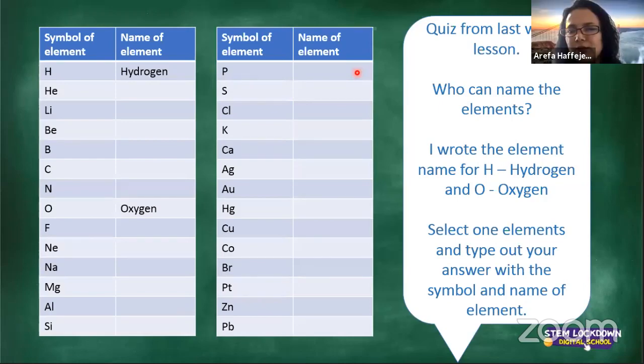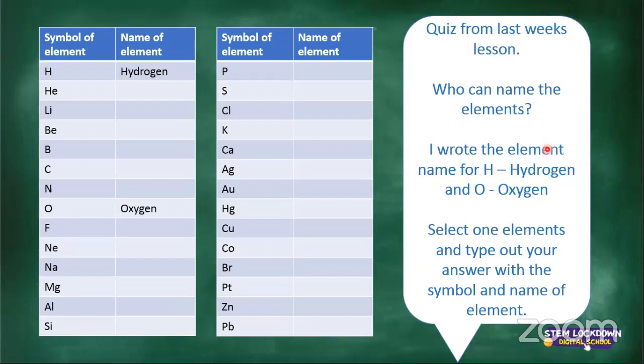Nicole? Yes, Nicole. Okay. P is potassium, phosphorus. Yes. S is sulfur. Cl is chlorine.